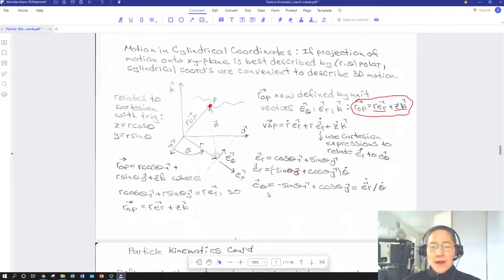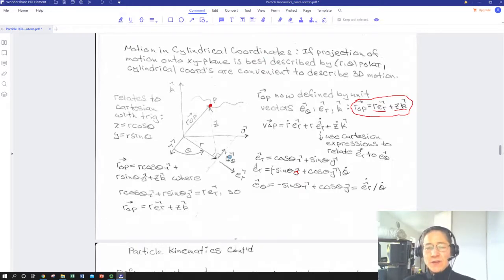Let's go ahead and express, while we're at it, not the time derivative, but just the plain old theta hat expression in terms of our Cartesian coordinates. So now we're looking at this vector, theta hat.